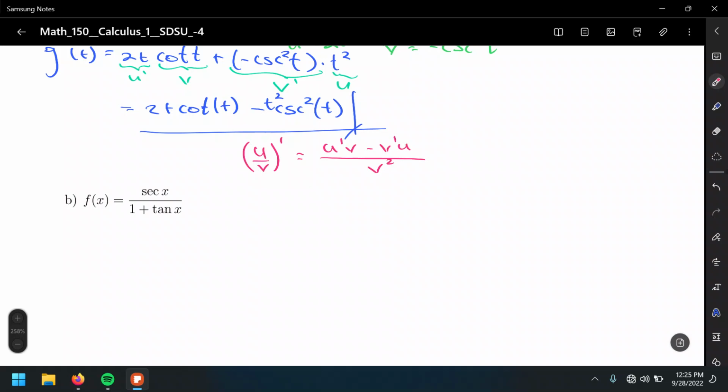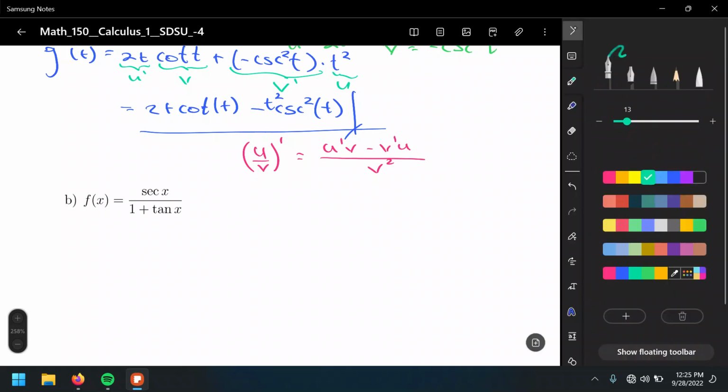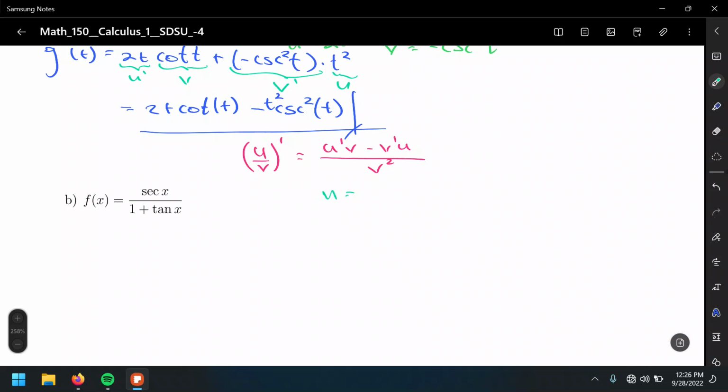So, let's do one thing at a time. u equals secant, and v equals 1 plus tangent.